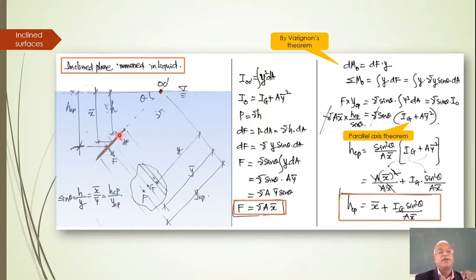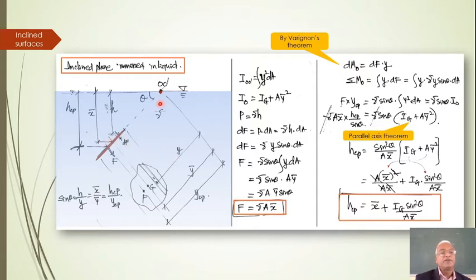Now those corresponding distances: the general distance h, and dF as the force, which is equal to p multiplied by the area dA, where p is given by gamma into h. Now, this inclined distance from OO dashed to this, we have called y.